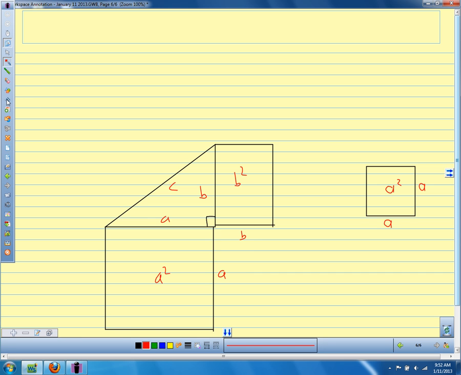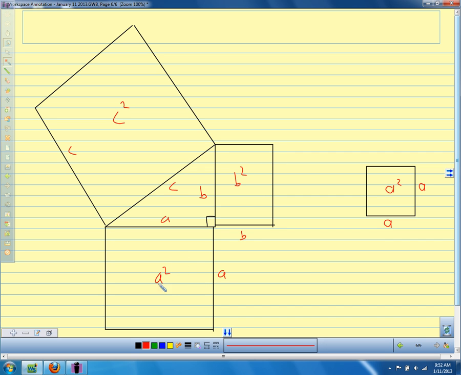And if I make a square on the hypotenuse, each side is C, so the area of that square is C squared. So one way to think about the Pythagorean theorem is that the area of this square plus the area of this square equals the area of this square. A squared plus B squared equals C squared.